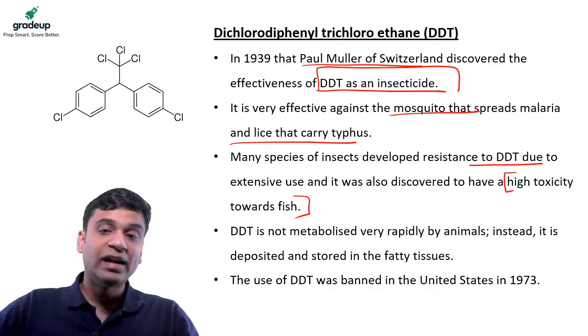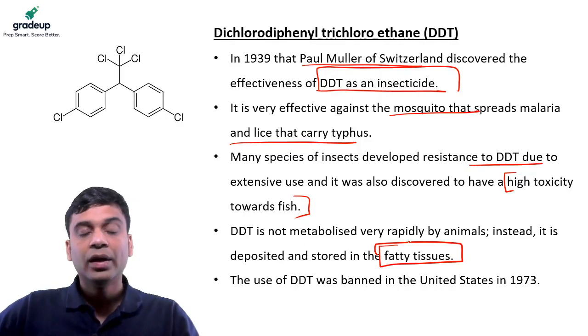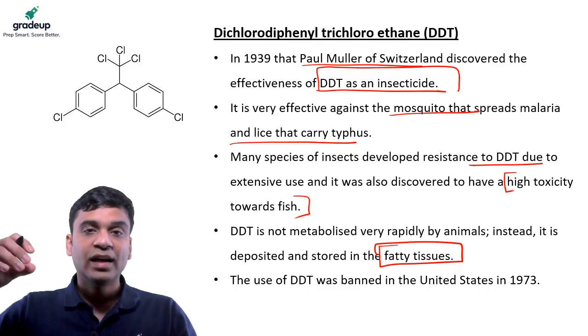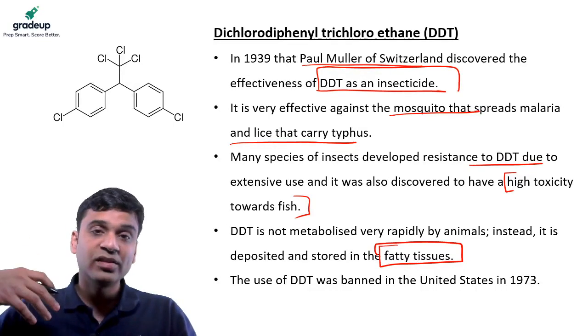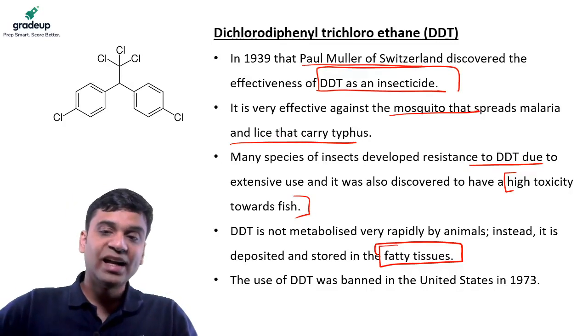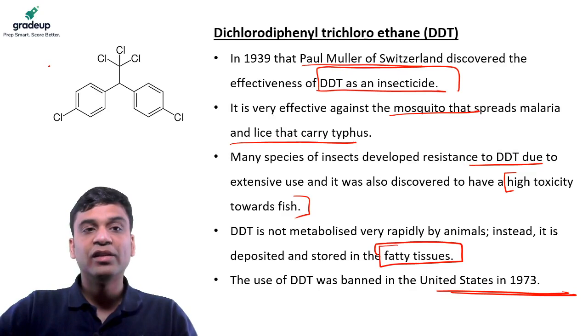It is stored in the fatty tissues of animals. So if a fish gets exposed to DDT, it is stored in the fatty tissue, and when human beings eat that fish, we are also affected by DDT poisoning. That's why it was banned in 1973.